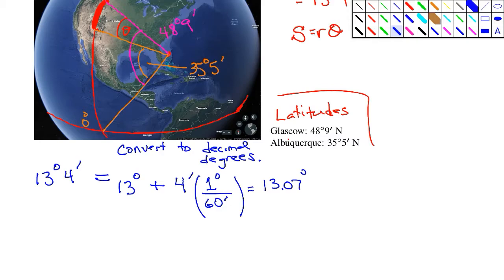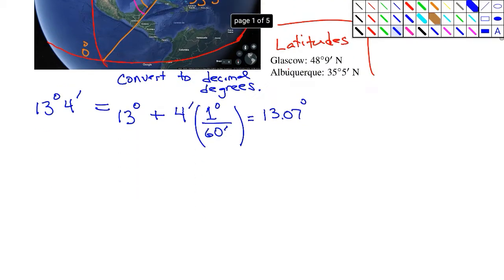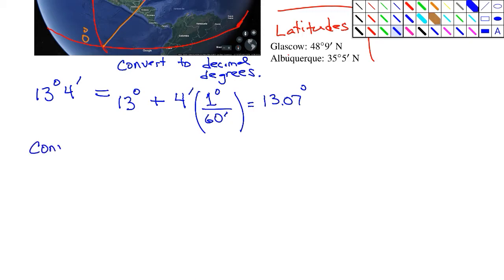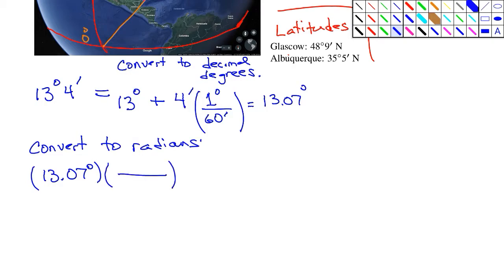Now I need to take these decimal degrees and convert them into radians. Remember that your formula S equals R theta only works in radians. The conversion factor from degrees to radians is pi radians over 180 degrees. This is 0.228 radians.